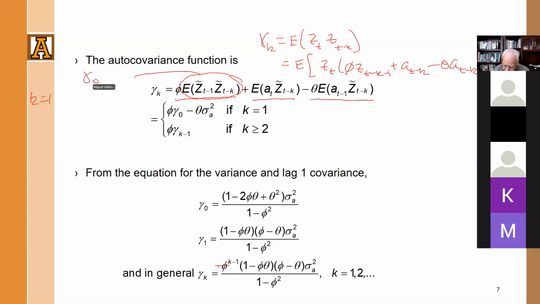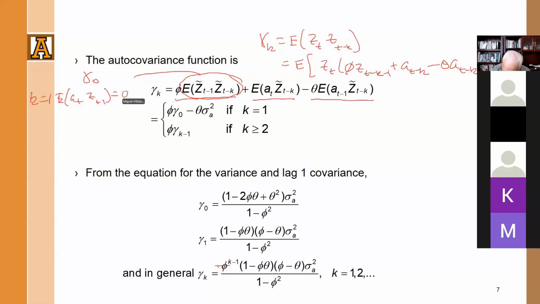This is the variance of zt, okay? Because that's when k is equal to 1, is zt minus 1 times zt minus 1. When k is equal to 1, I have at minus zt minus 1. Now, zt minus 1 does not depend on at. So when k is equal to 1, this expected value of at zt minus 1 is going to be equal to 0.